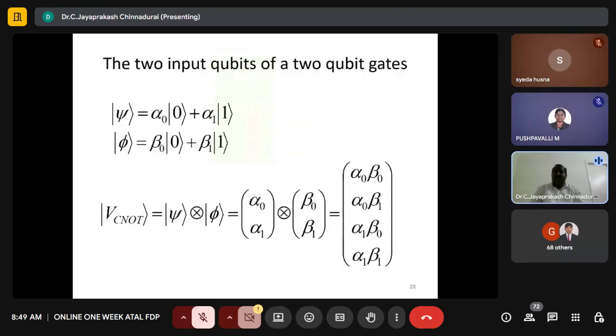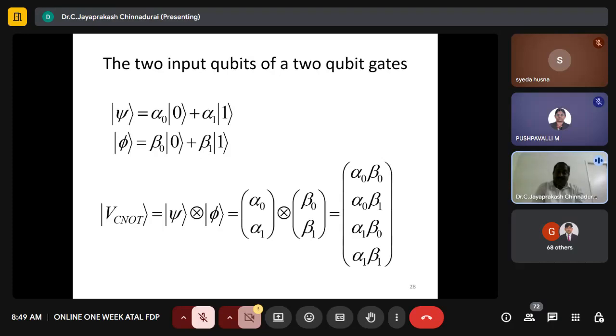And we have two input qubits for the 2 qubit gate. What is the first input? Ket of psi, that is equal to alpha 0 ket of 0 plus alpha 1 ket of 1. What is the other input? Ket of pi equal to beta 0 ket of 0 plus beta 1 ket of 1. There are two inputs we have, ket of psi and ket of pi.